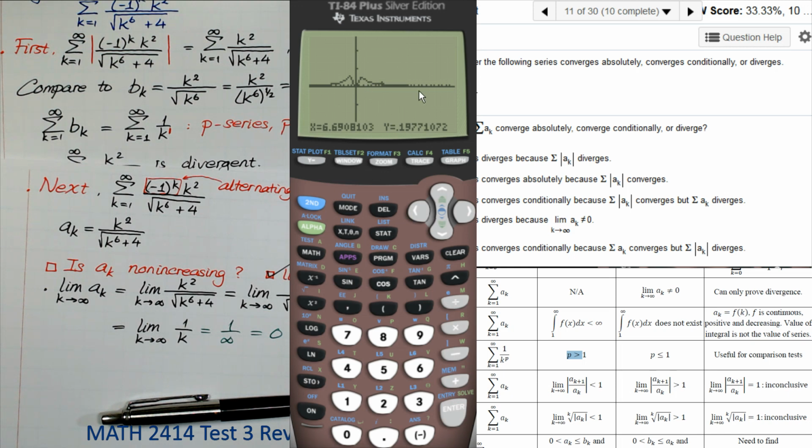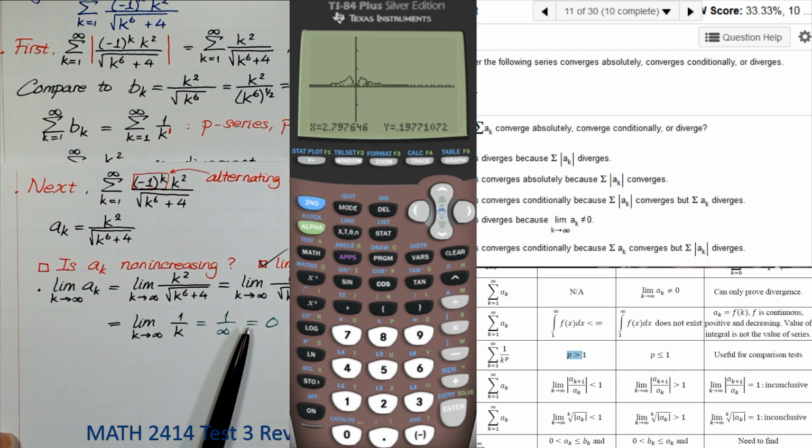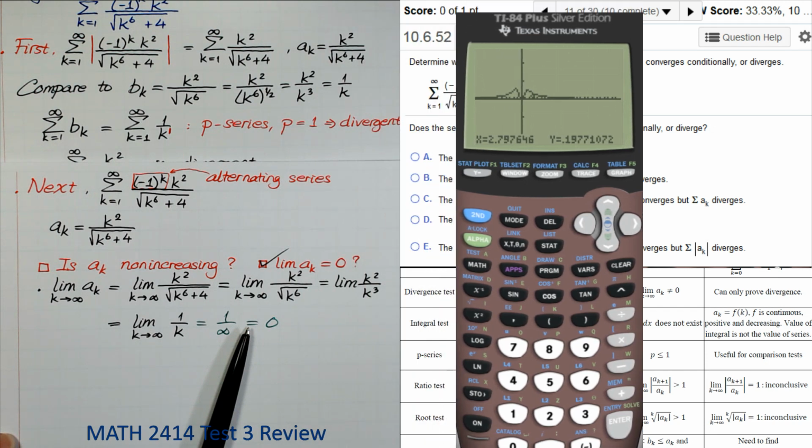It looks like this is decreasing. Like I said, we have to actually use the derivative and show that this is decreasing for certain values. So let me put the calculator away.